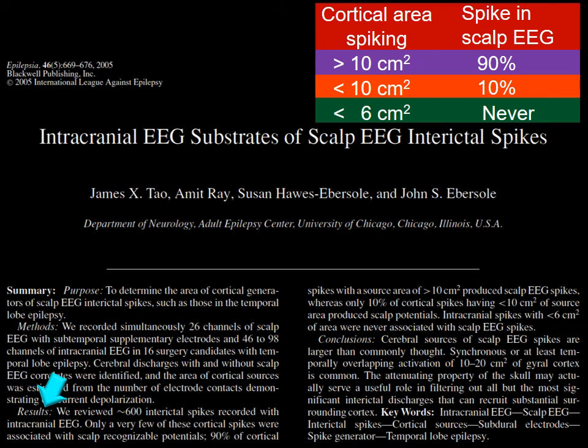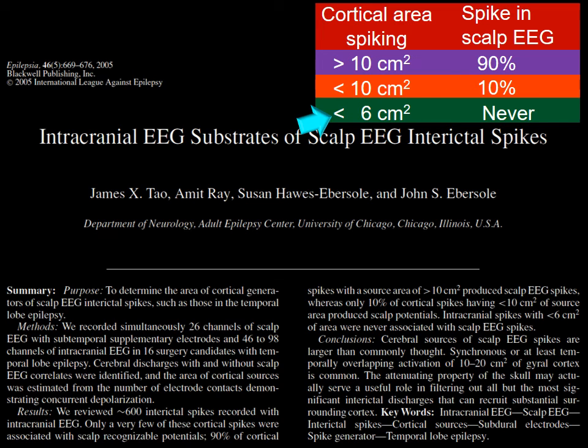The important information in the results was that when the cortical area spiking was more than 10 square centimeters, scalp spikes were recorded in 90% of the cases. When the cortical area was less than 10 square centimeters, scalp spikes were recorded in 10% of the cases.